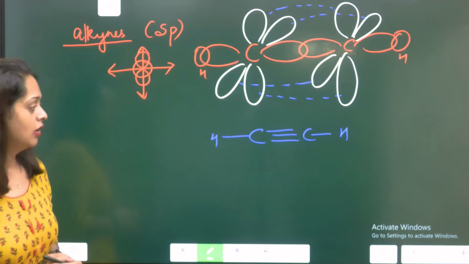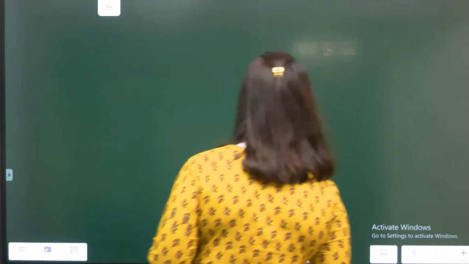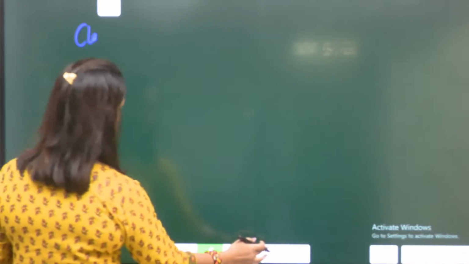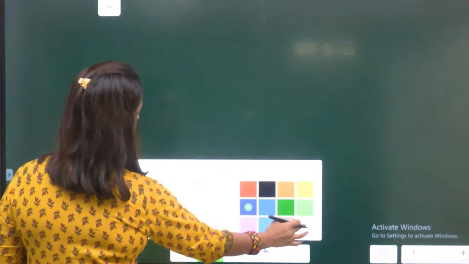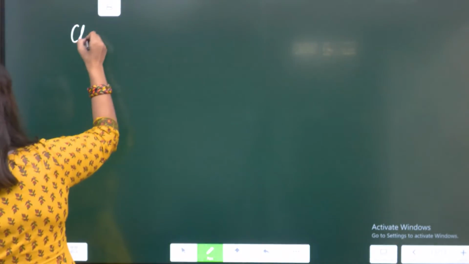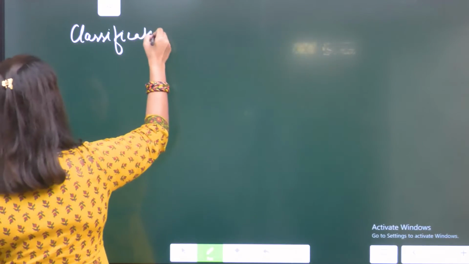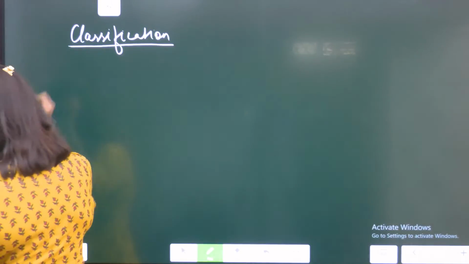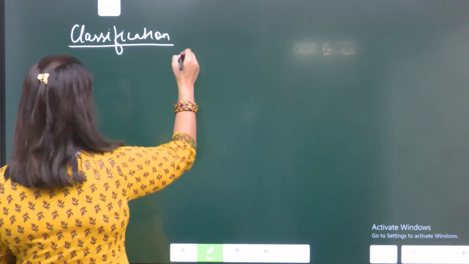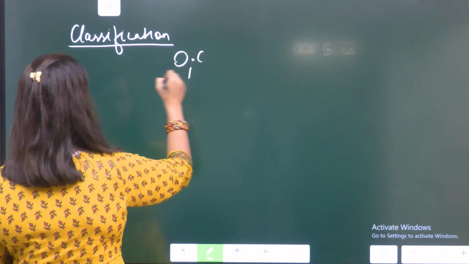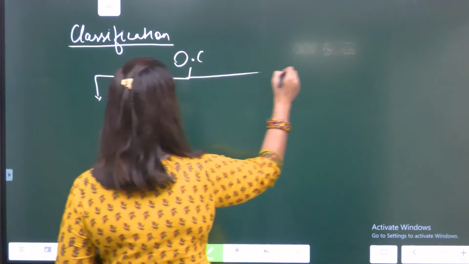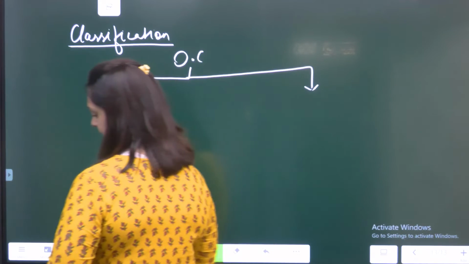So proceeding further, there is further classification which is done. What is the basis of this classification? An organic compound has been further classified into two broad categories.